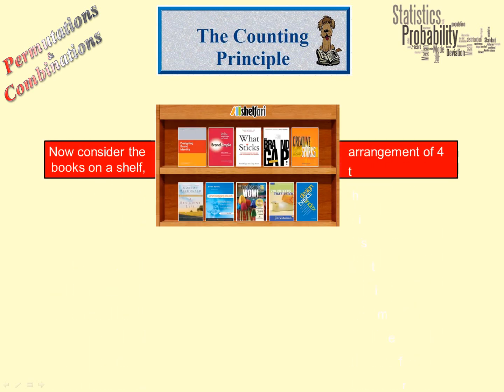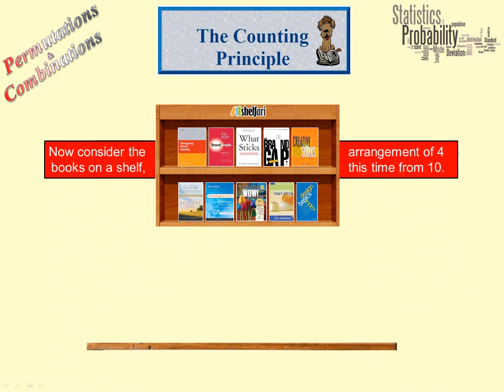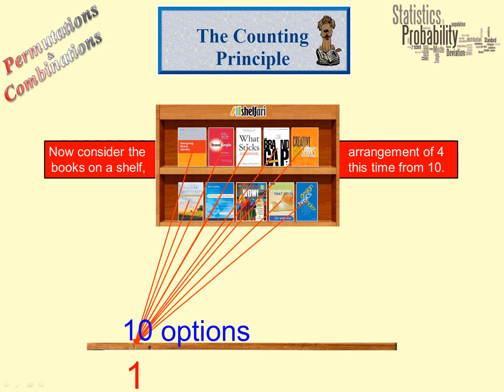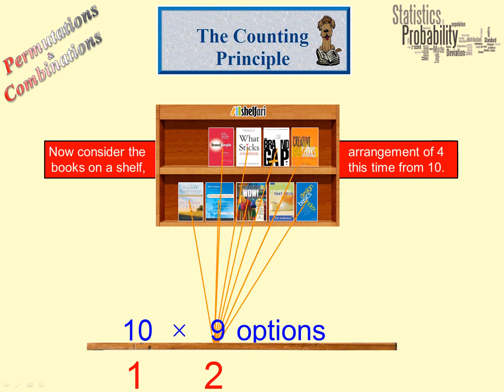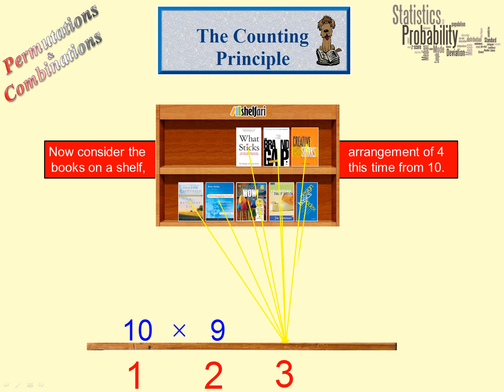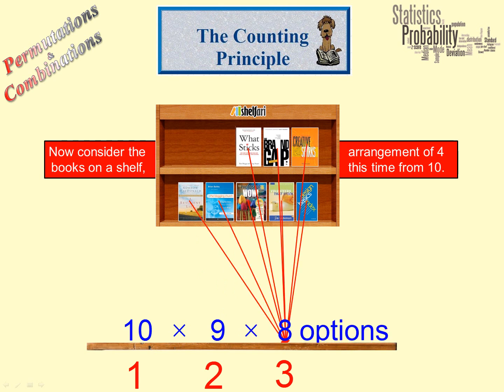Now let's put books on the shelf again, but now we have 10 books to choose from. So in the first place, instead of 4 now, we have 10 options. We had 9 options for the second place. 8 options for the third.